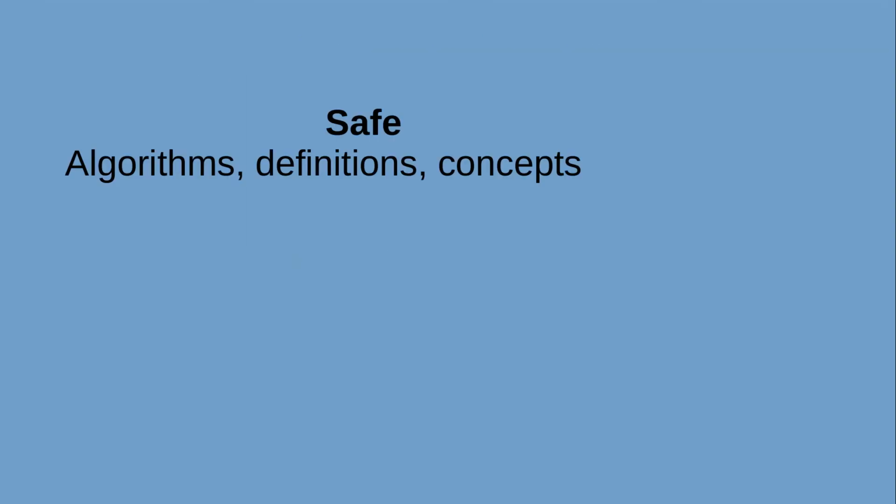So it's pretty safe talking about algorithms, definitions, and concepts. What is a linked list? How do we insert? Why do we need 2 pointers to go through a linked list? And as we keep developing data structures, these concepts and algorithms become more and more complex.